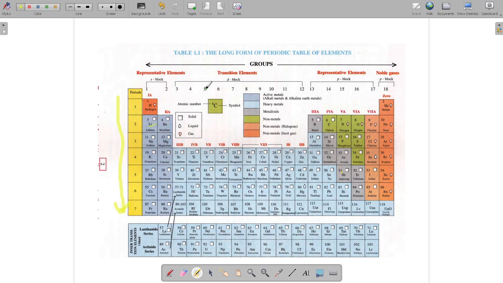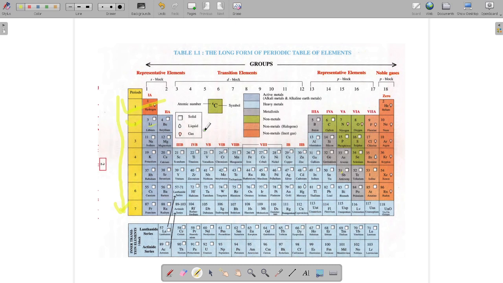You know why? Because the size will increase from the first period to the seventh period. The nuclear charge will also increase, but it will not have an effect on the last electron, meaning the outermost shell electron.